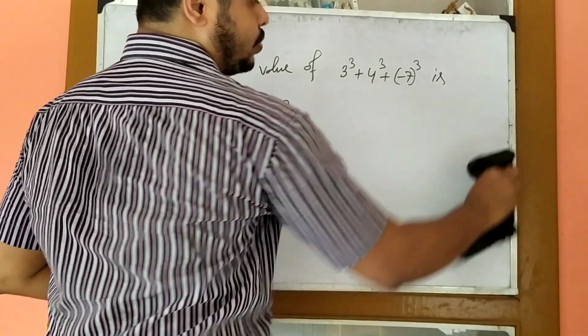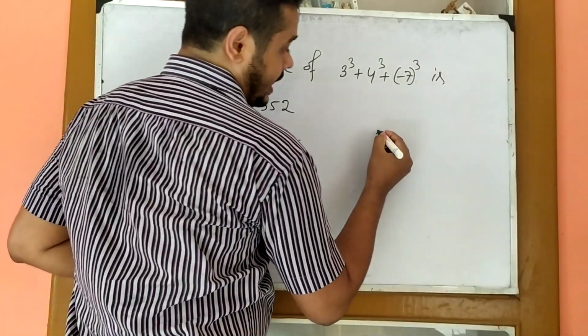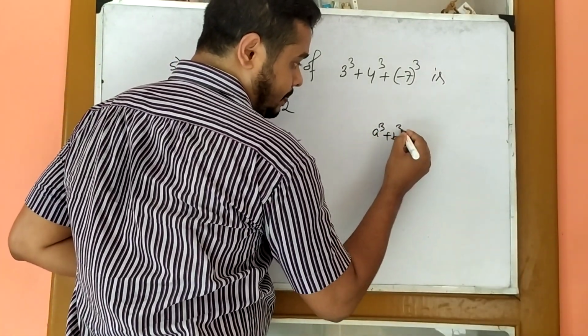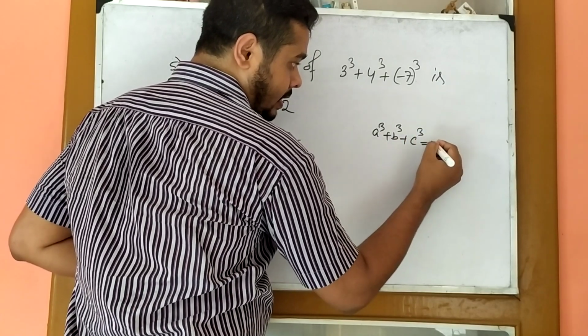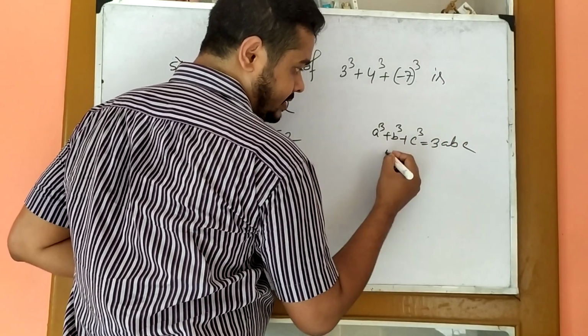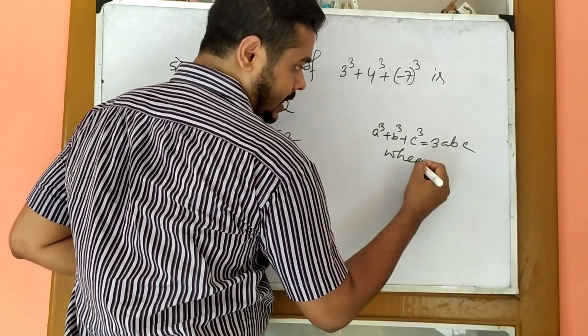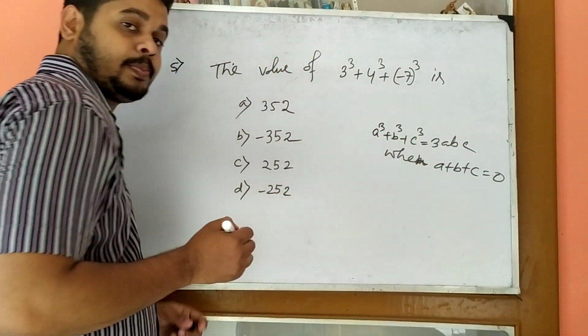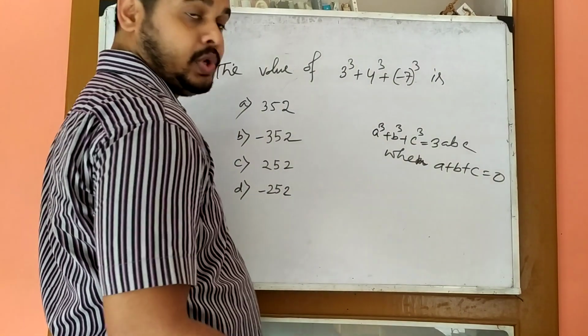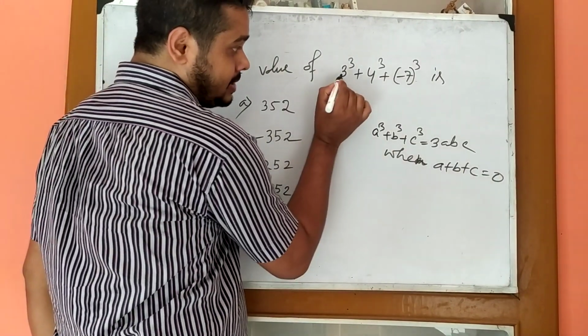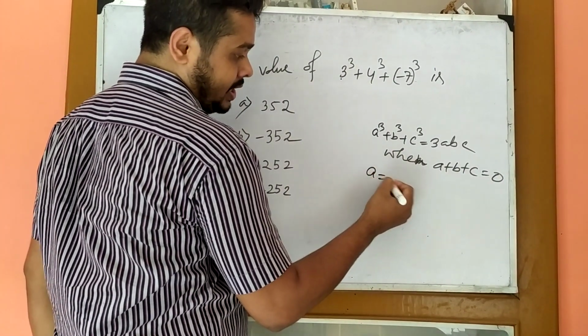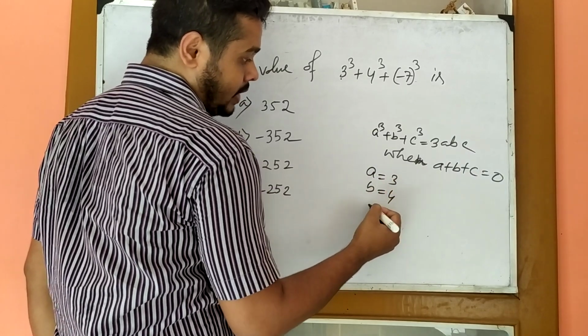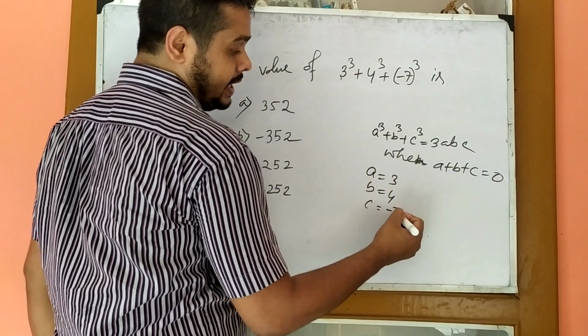As we know the formula, a cube plus b cube plus c cube equals to 3abc when a plus b plus c equal to 0. That formula we have to use here, because a means our 3, b means our 4 and c means our minus 7.